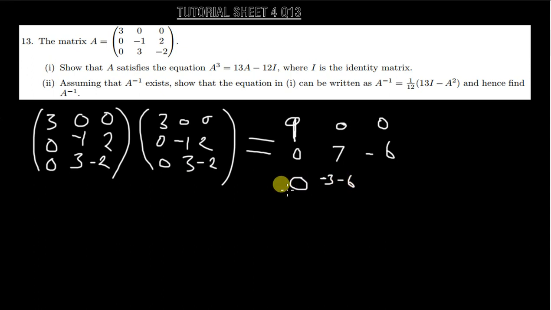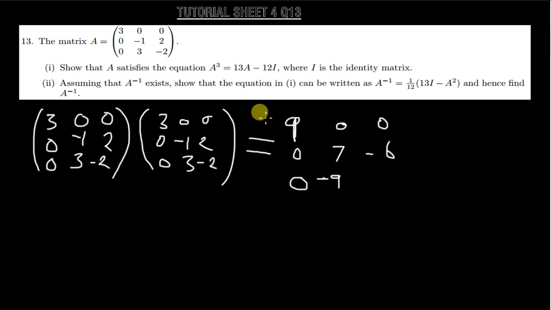So when I add these, I'm getting negative 9. Then I move on to the last column there.